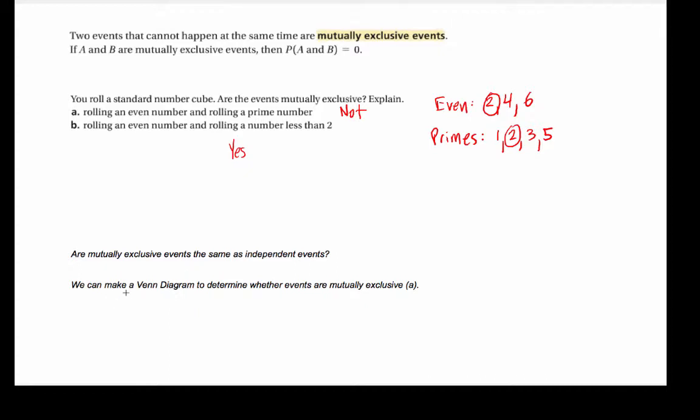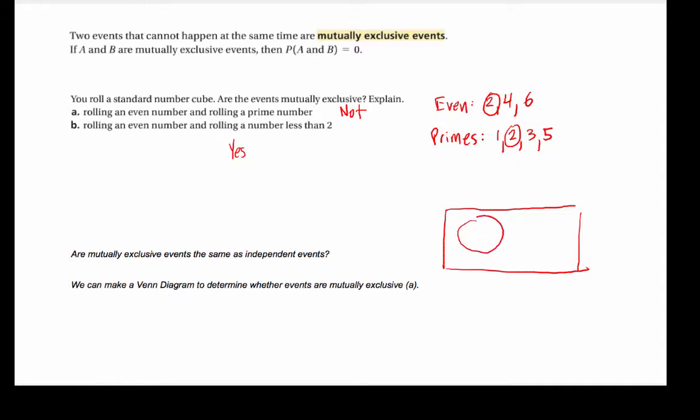Right, we can make a Venn diagram to determine whether events are mutually exclusive. So if I go back to my example in A here, instead of listing these out, if I were to draw a Venn diagram, we know we have some universal set of items.